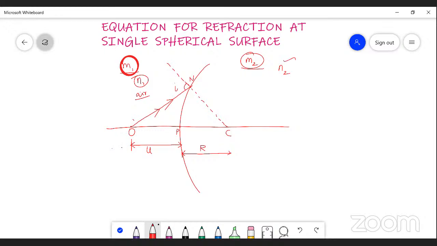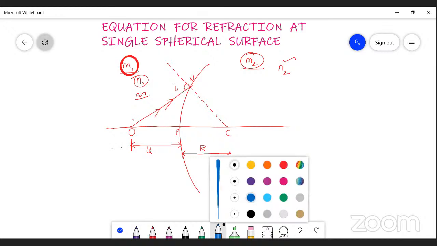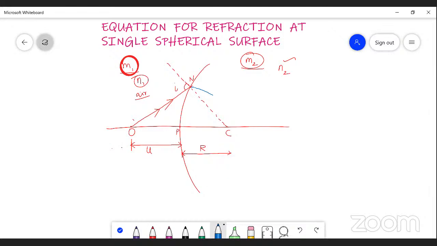So the incident ray passing from rarer to denser is bent towards the normal after refraction. Denser to rarer, it bends away from the normal.